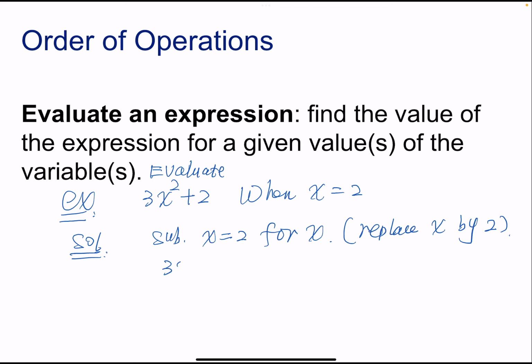So 3x squared plus 2, when x equals 2, meaning whenever I see x, I'm going to replace it by 2. 3x squared means 3 times x squared, so 3 times 2 squared plus 2, right? Now, exponent has higher precedence of operation, so I need to calculate it first. So I keep 3 times, 2 squared is 4, plus 2.